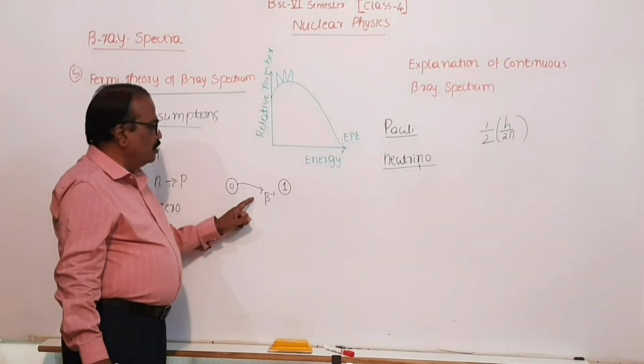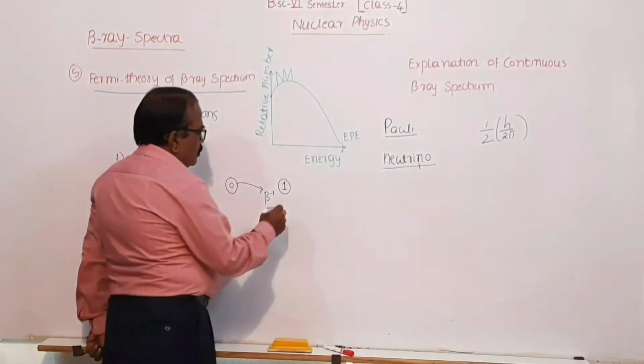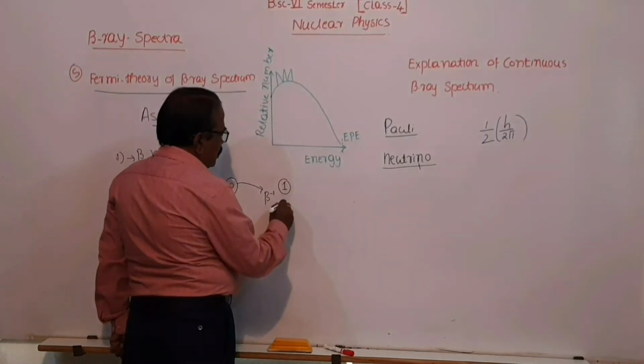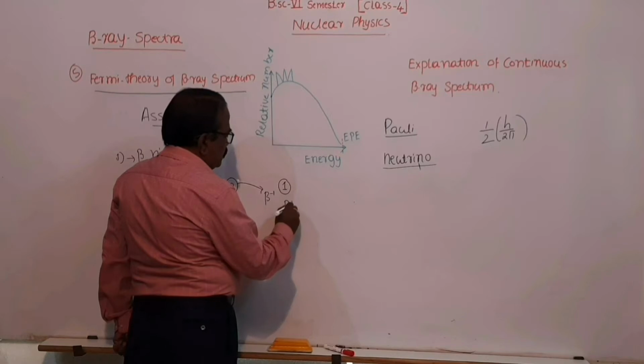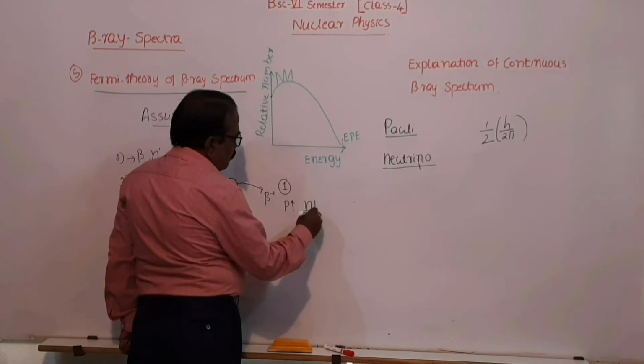If the emitted particle is beta or an electron, the number of protons inside the nucleus increases by 1, and the number of neutrons decreases by 1.